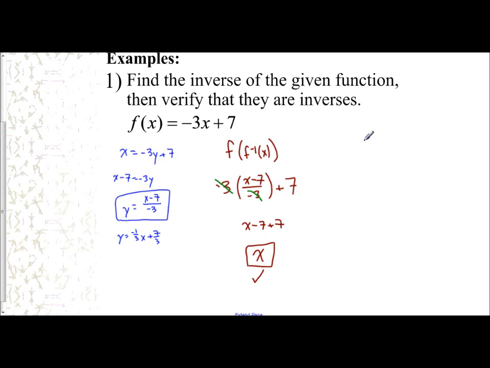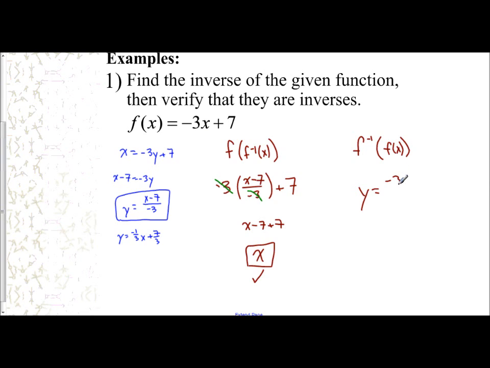Now I'm going to have to repeat the process, and this time do the inverse function of f of x. So this means in my inverse function, y equals x minus 7 over negative 3, wherever I see my x, I'm going to plug in my function f, which is negative 3x plus 7.